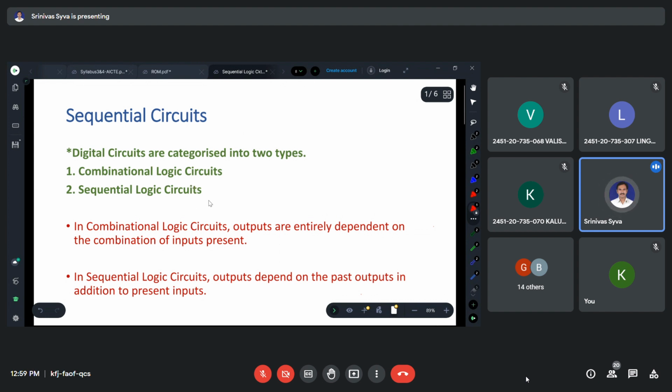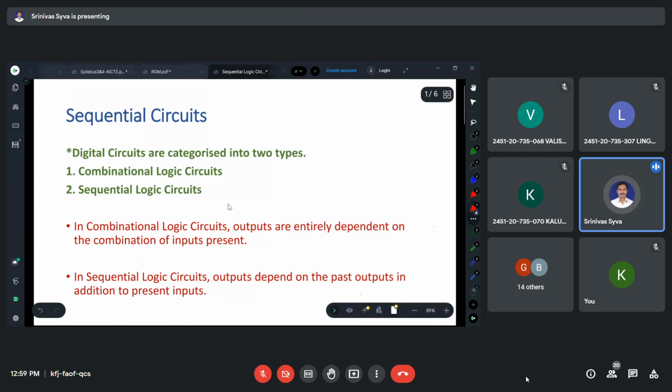Practically, a digital circuit can be purely combinational, purely sequential, or both. Certain parts of the system will be combinational logic, and certain other parts will be sequential.